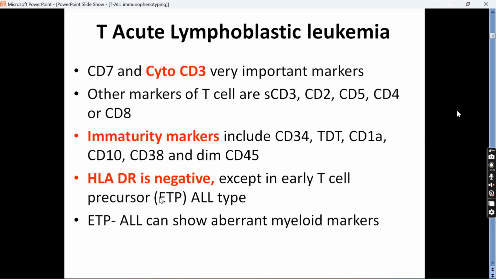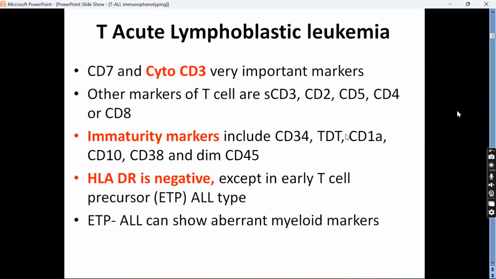Immaturity markers, as with B-ALL: excellent immaturity markers are CD34, CD45 and TdT. The other immaturity associated markers are CD1a, CD10, CD38. Never interpret immaturity markers alone. You can take CD34 as a single immaturity marker: any abnormal population expressing CD34 confirms its immaturity.